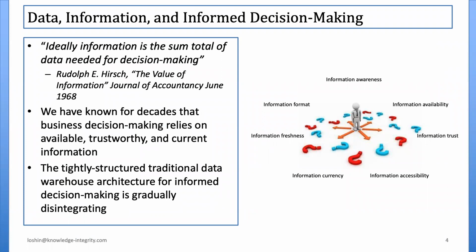And an interesting side note, recently I've been doing a lot of reading about information value and decision making, going back over decades of articles and research papers and magazine articles about information value. And many of them, if not almost all of them, reflect what I've got here, this quote from this article called The Value of Information that was written in 1968, that says, ideally, information is the sum total of data needed for decision making.